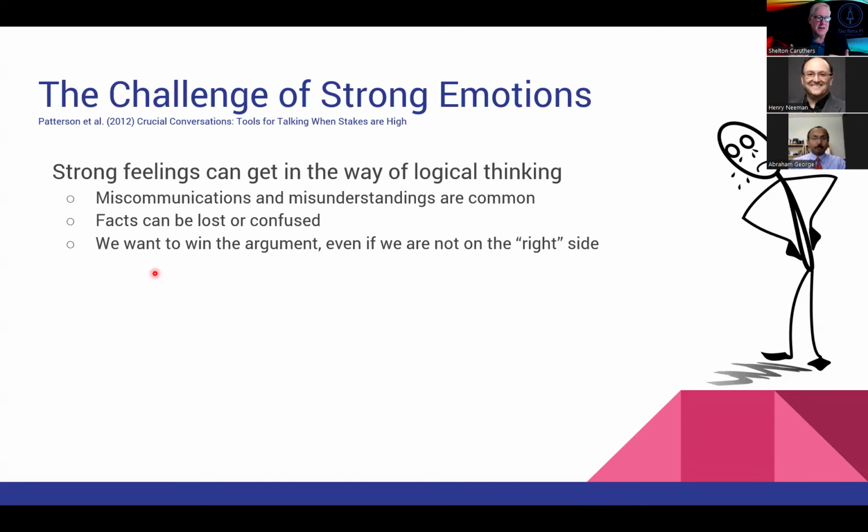Those strong feelings get in the way. They create more miscommunications and misunderstandings. We tend not to pay attention to the facts, or we get confused about the facts more easily when we're in this state. And at some point, it becomes that fight or flight reaction where we're in it to win it.